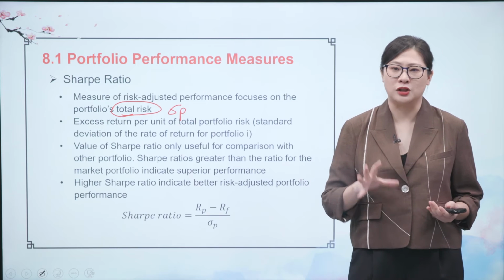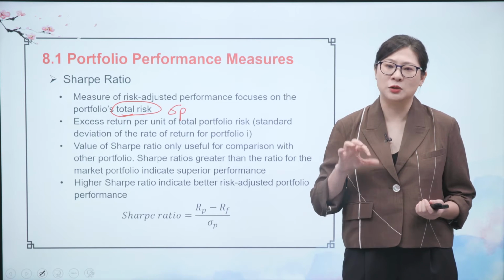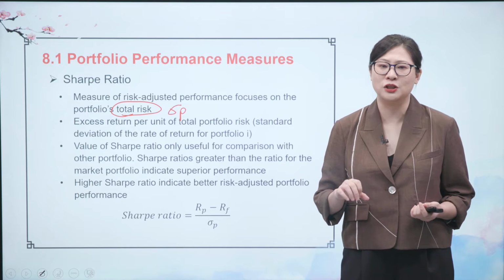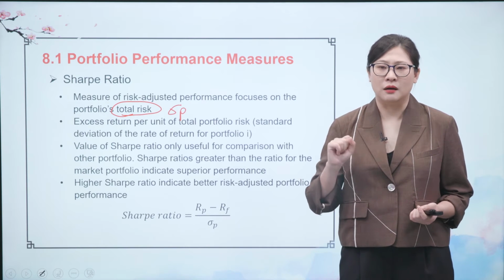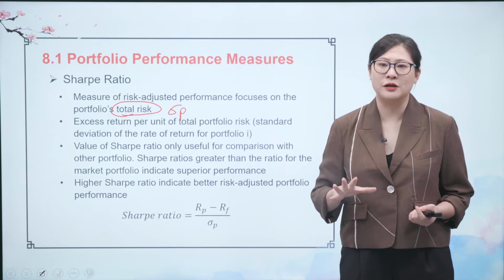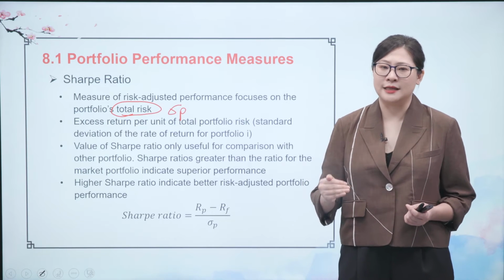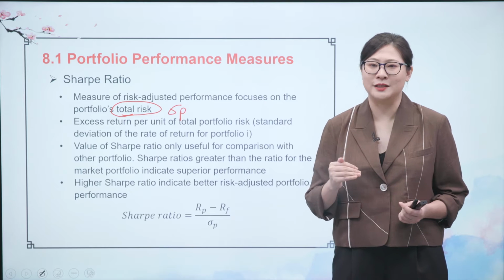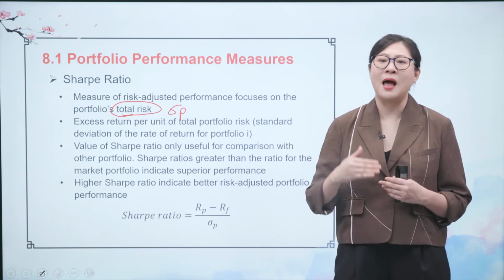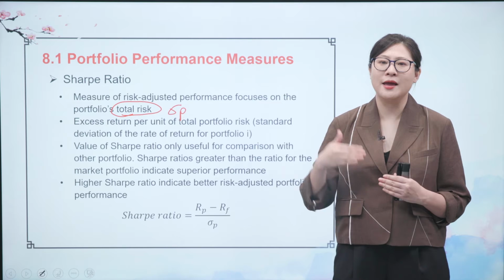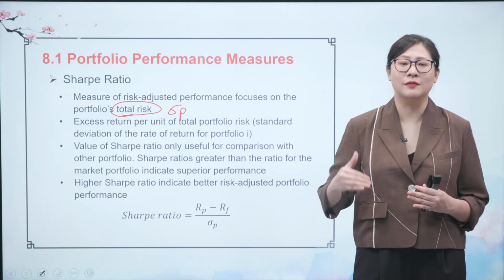So if the Sharpe ratio for your portfolio or for each individual asset is greater than the market portfolio Sharpe ratio, definitely it's the better one. The higher Sharpe ratio indicates better risk-adjusted portfolio performance. So based on the Sharpe ratio and Treynor ratio, the higher the better. That's the conclusion based on these two ratios.